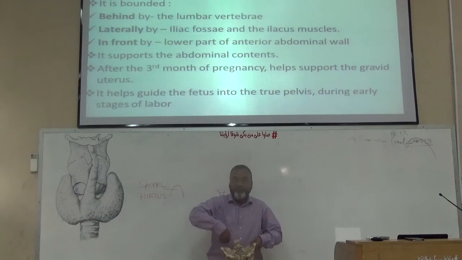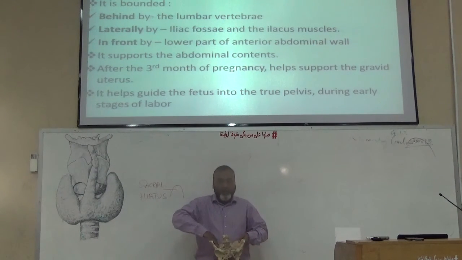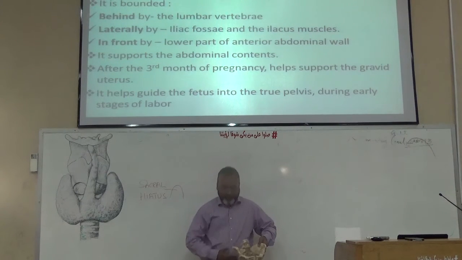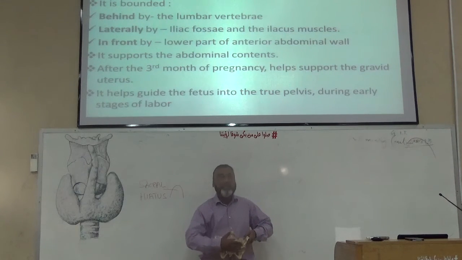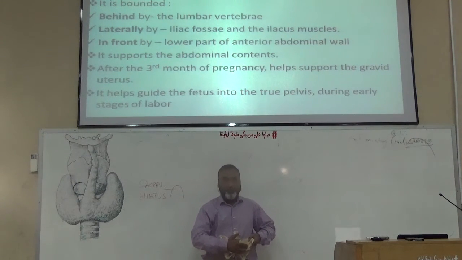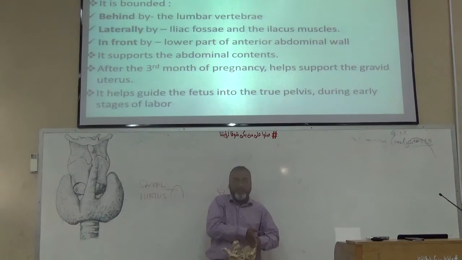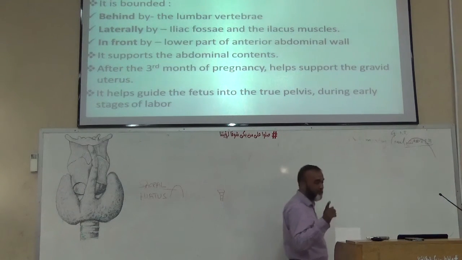Behind we have the lumbar vertebra, on the side we have the iliac fossa. And anteriorly, as you have no bone, we have the lower part of the anterior abdominal wall. So these are the boundaries of the false pelvis.